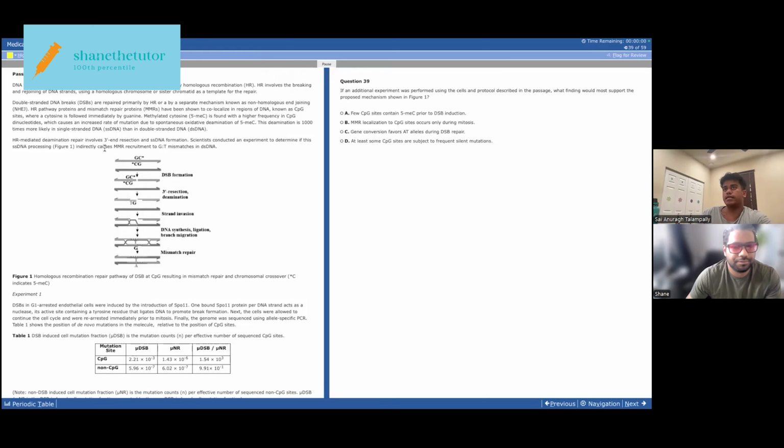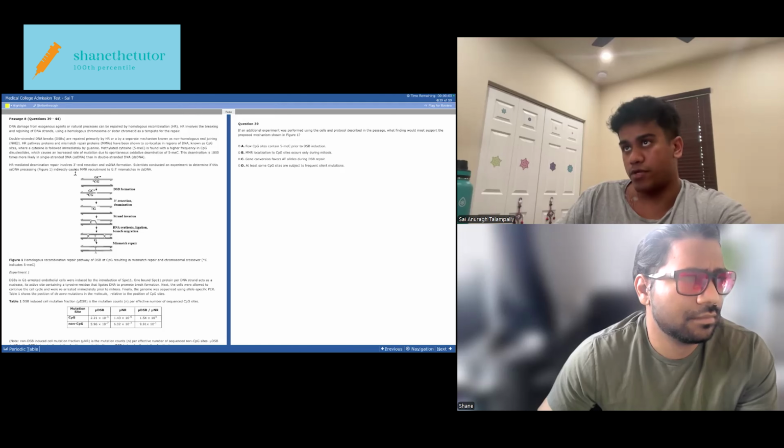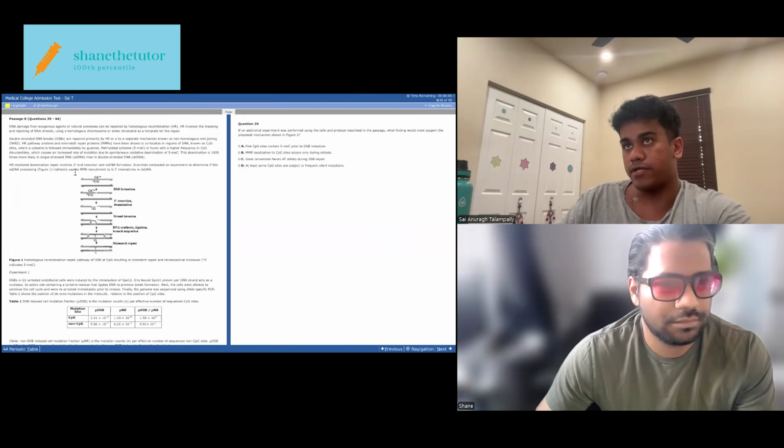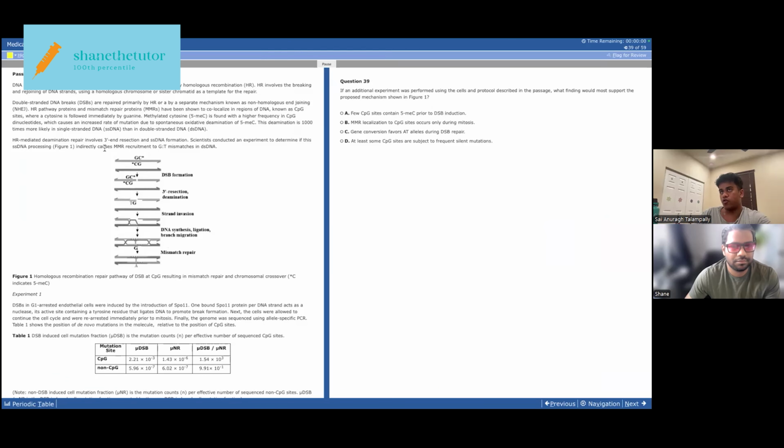All right. DNA damage from exogenous agents or natural processes can be repaired by homologous recombination. HR involves the breaking and rejoining of DNA strands using a homologous chromosome or sister chromatid as a template for the repair.